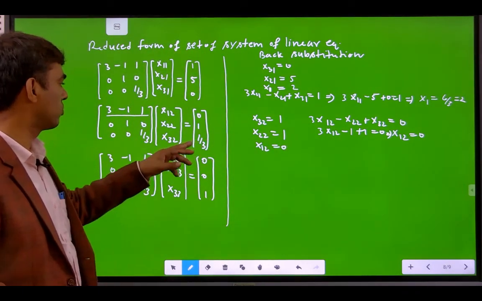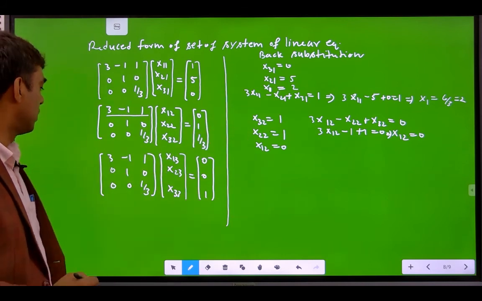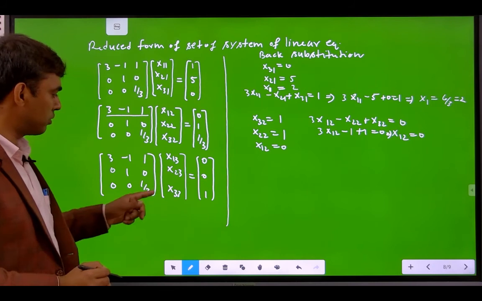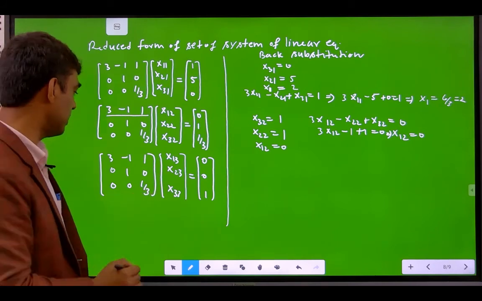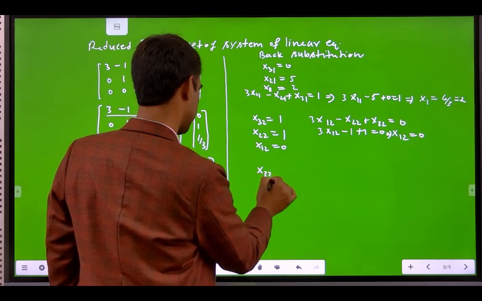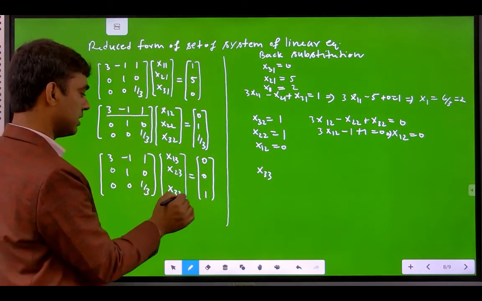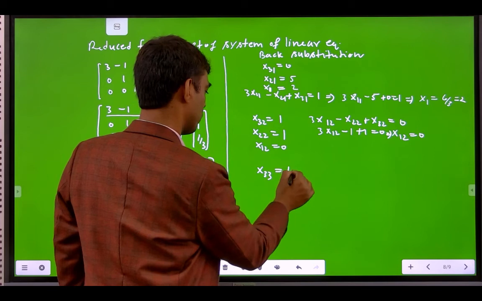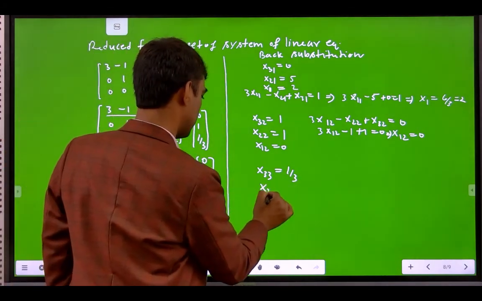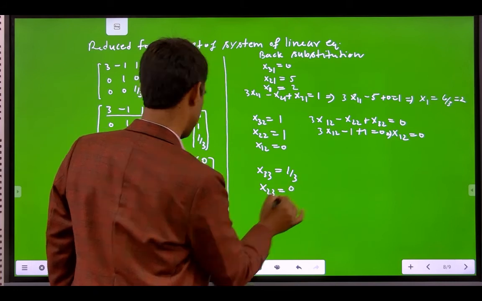This is the value of x12, second column. Now if we perform the back substitution in the third system of linear equations, then x33 is 1 by 3. Now what is the value of x23? x23 equals 0.